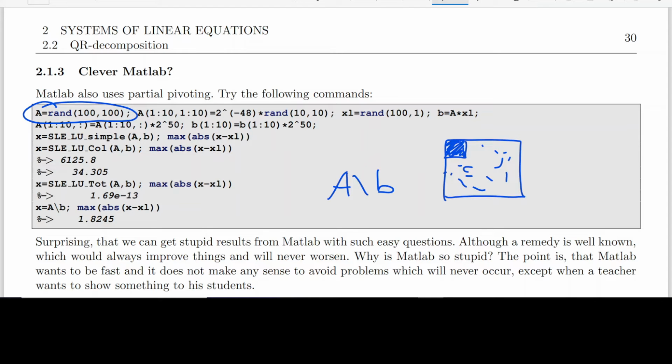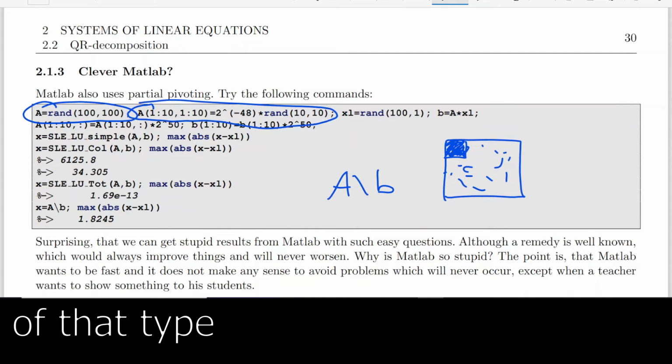But in that block here, top left, there are entries which are very close to 0 but not completely 0. Let's assume that there is a real life problem of that type. So here we introduce that situation.